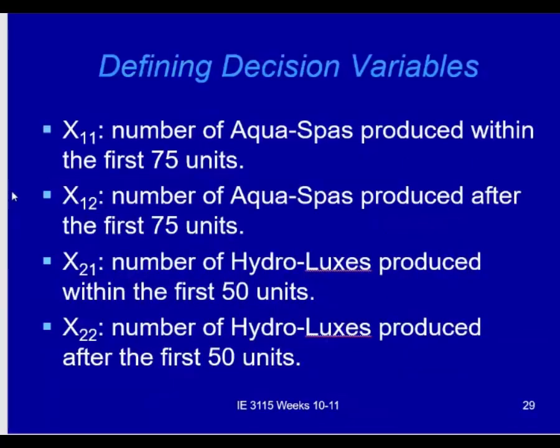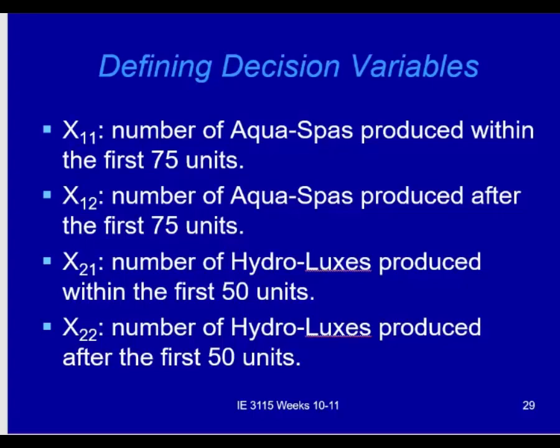First, let's review the decision variables we defined for this problem. We have two groups of decision variables. The first group represents the number of EquaBus to produce, represented as x11 and x12. And the second group represents the number of HydroLux that we're going to produce. Within each group, we have two decision variables.